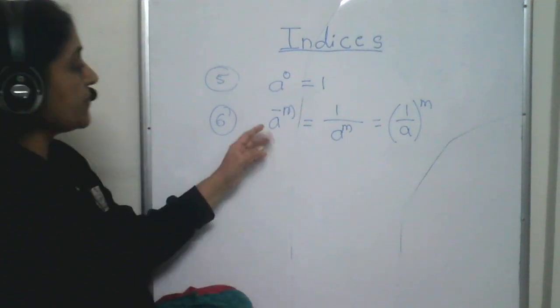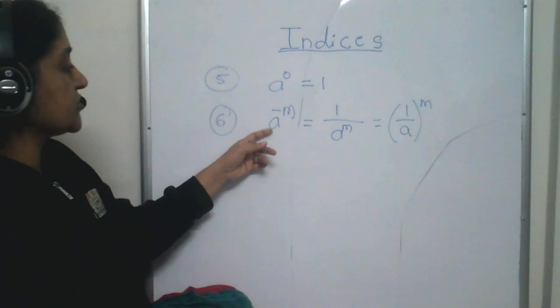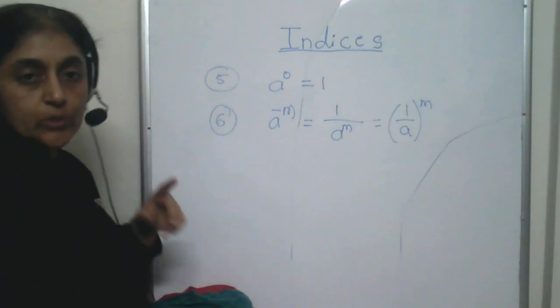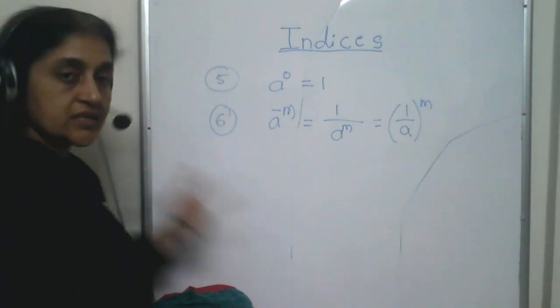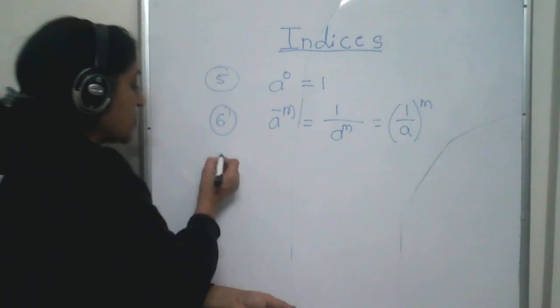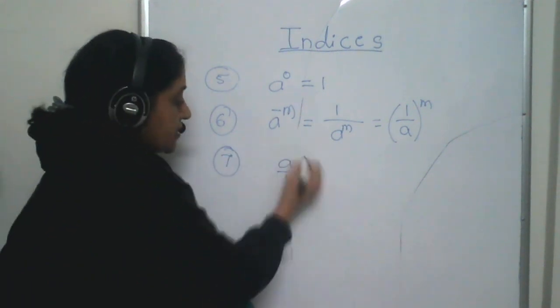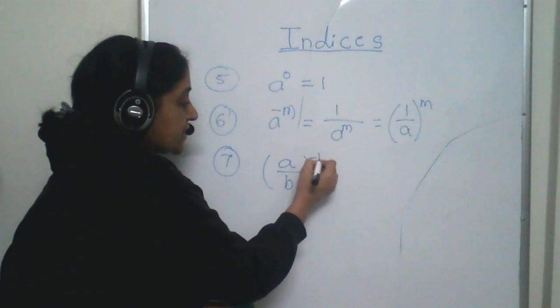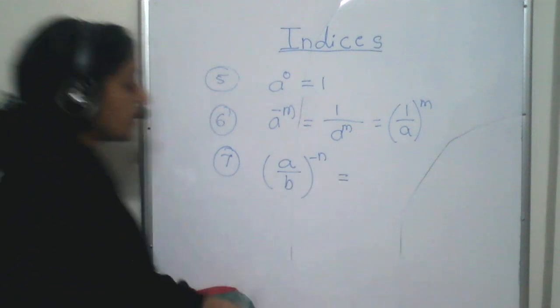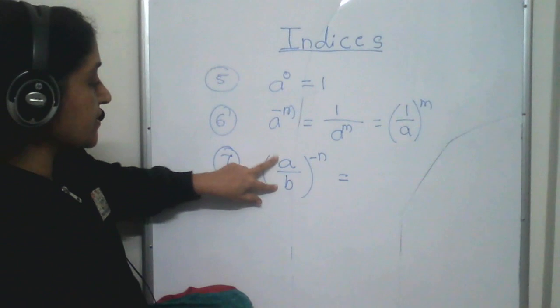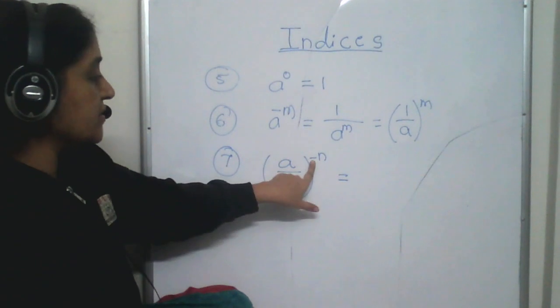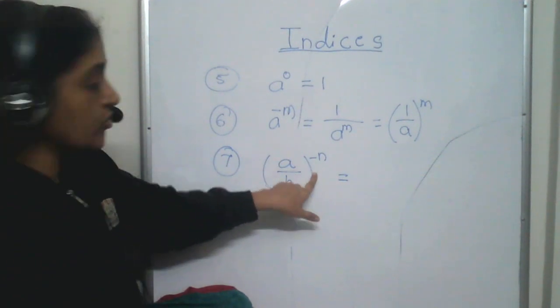Now is it applicable only to such numbers, or is it applicable to fractions? Yes, it is applicable for fractions also. I'll write this down, you can check it out. A upon b raised to the power minus n is equal to, now we are supposed to take the reciprocal of this to make the exponent positive.